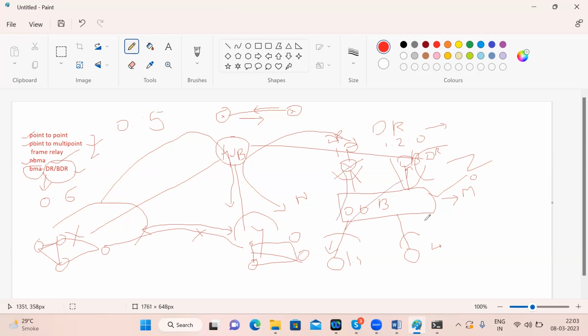So whenever a DR router exchanges an update to every other router in a BMA network, they will use the special address 224.0.0.6. Only then will every other router come to know this information is coming from the special router, the DR router, because it is coming with the address 224.0.0.6. Got the point?